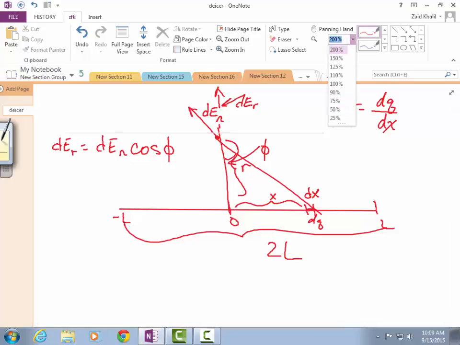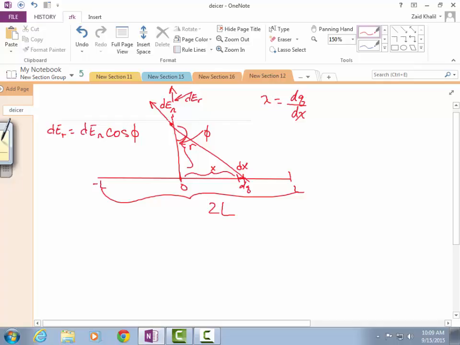Now I'll zoom out a little bit to 150. All right, so dE little r is equal to what? Well, what's dE script r equal to? One over 4 pi epsilon naught times lambda dx over script r squared.